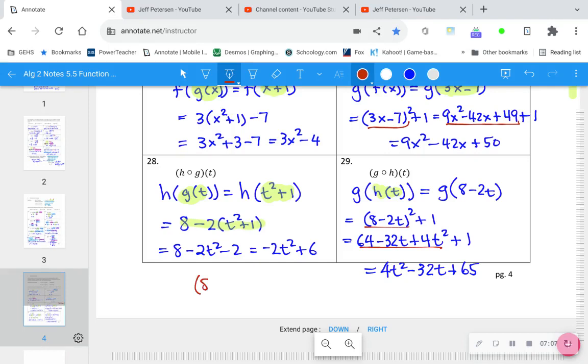I'll do it off to the side here. 8 minus 2t times 8 minus 2t would be 64 minus 16t minus 16t plus 4t squared. And then we have that plus 1 on the end. So I just put it in the right order and add the 64 and 1. So there's your final answer.